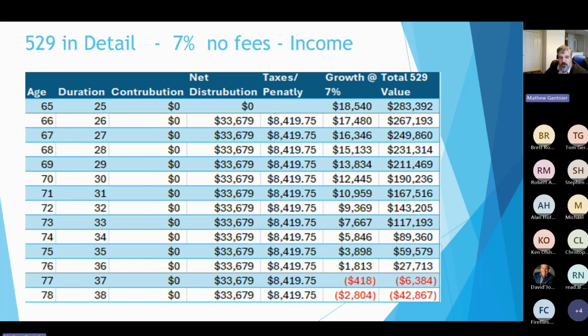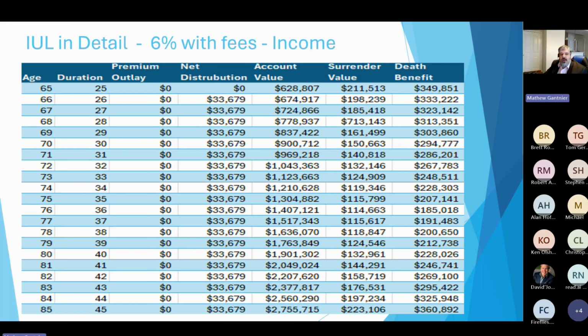You're still getting 7% growth, and that account value is still holding up a little bit, but you'll see that in this illustration example, you're only getting 11 years of that income before the account bottoms out and goes negative.